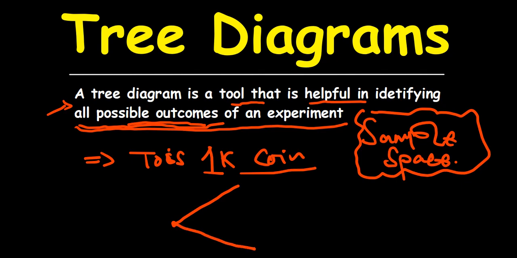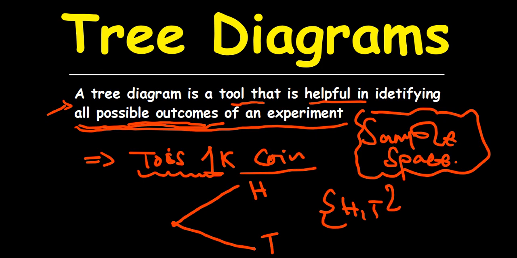This one here will be the probability of getting head, and here it will be the probability of getting a what? A tail. So you can use this probability tree diagram to find out the sample space, because we know that if we toss this 1 kwacha coin once, our sample space will either be head or what? Or tail. So this will be our sample space. We can represent this sample space on a tree diagram like that.